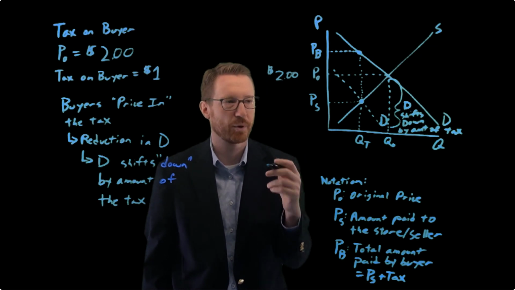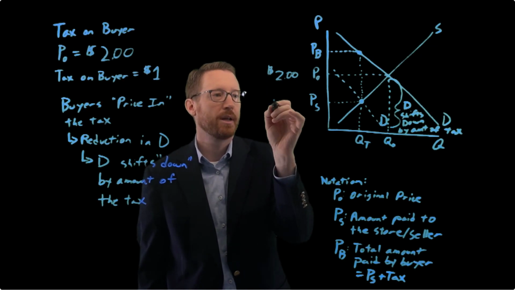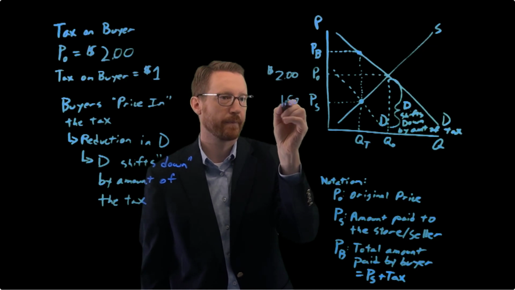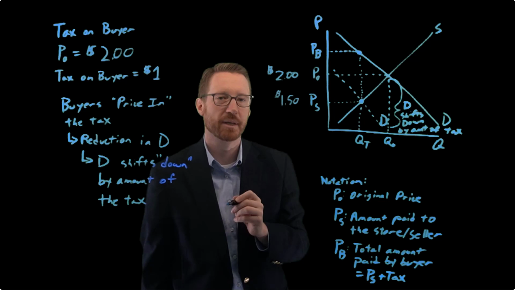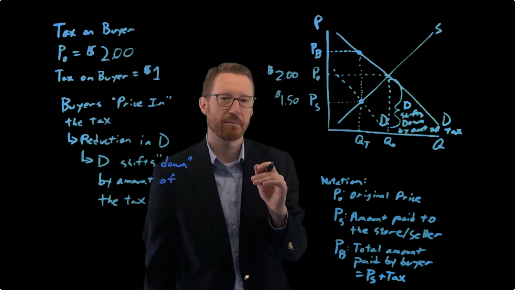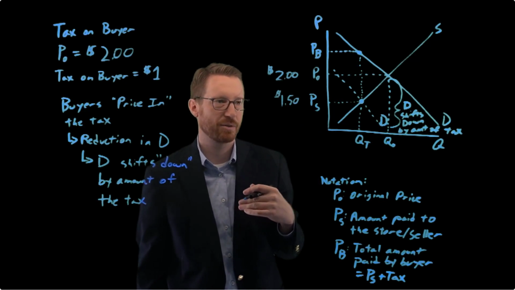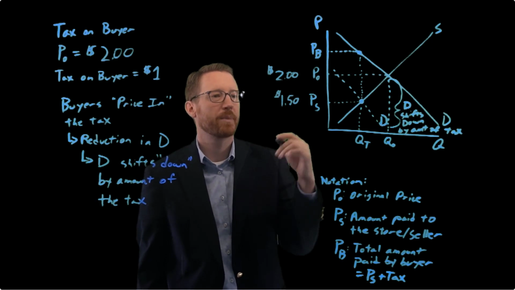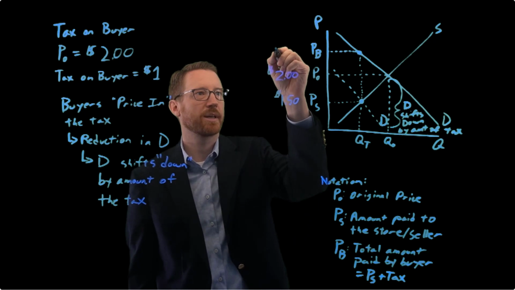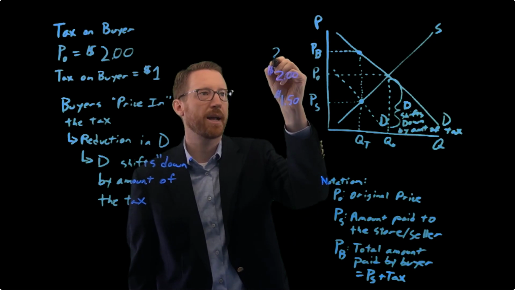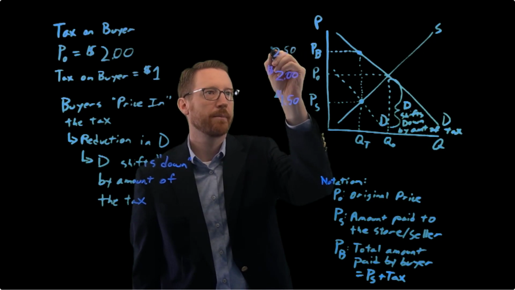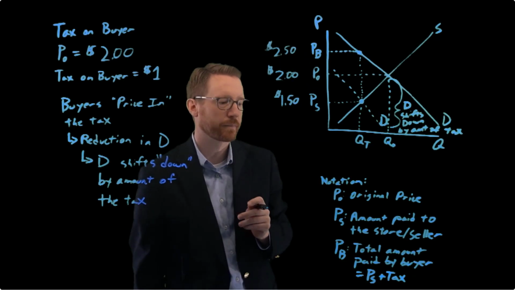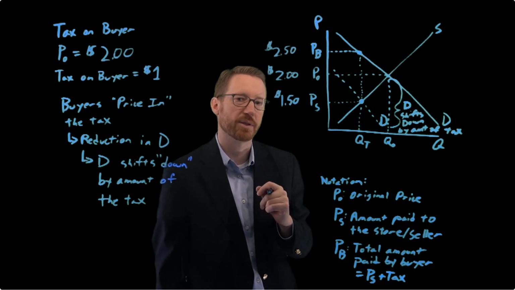Once this tax is put in place, now the buyer pays the seller $1.50. They go in to buy M&Ms and say, I can't pay as much as I did before because now I've got to pay this tax. So they're only willing to pay $1.50 to the seller. They pay that $1 tax, and the total price to the buyer ends up being $2.50.